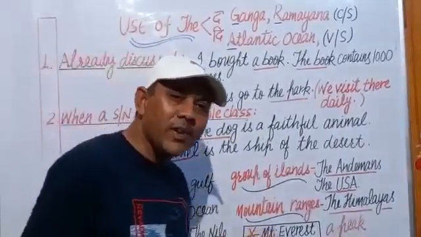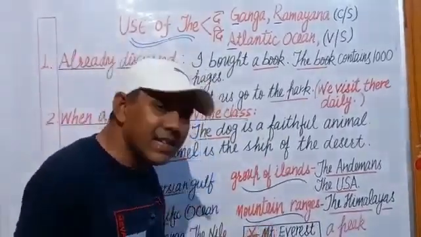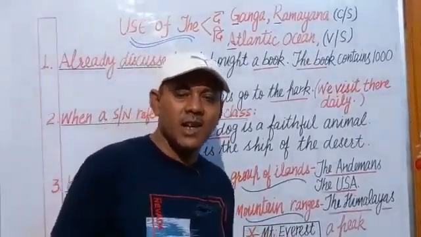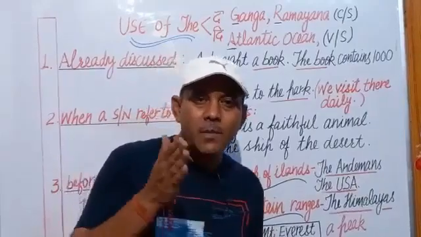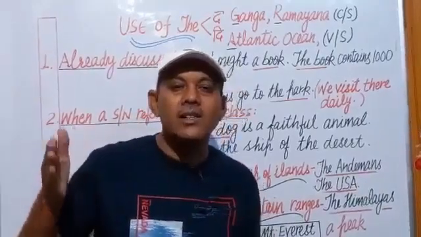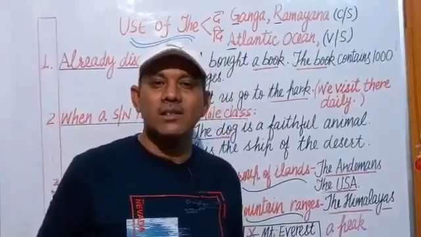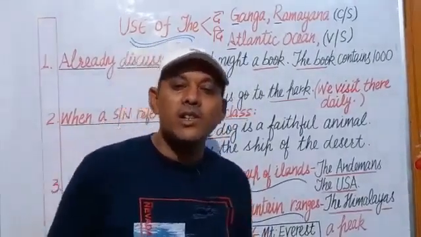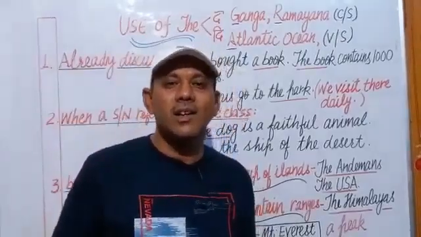This is not the name of a range, and no article is used before Mount Everest. For example, dash Mount Everest is the highest peak in the world. So, I shall say no article, Mount Everest is the highest peak.